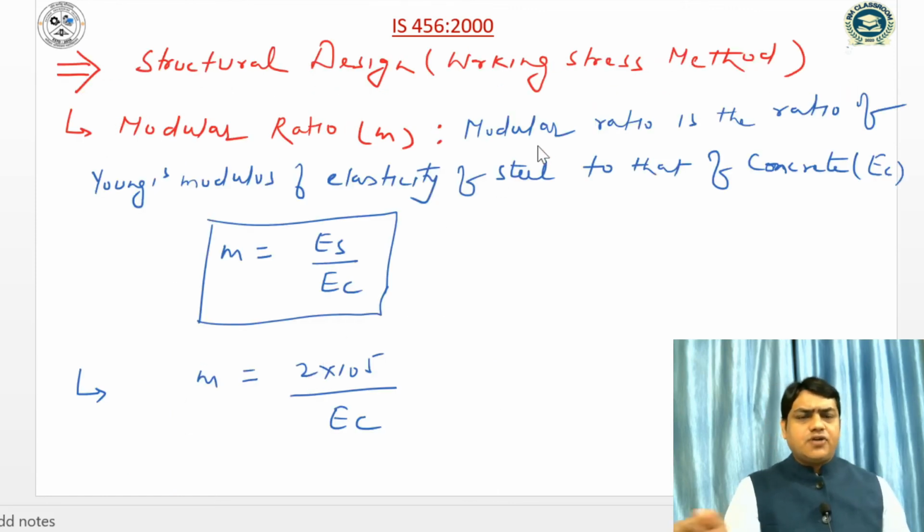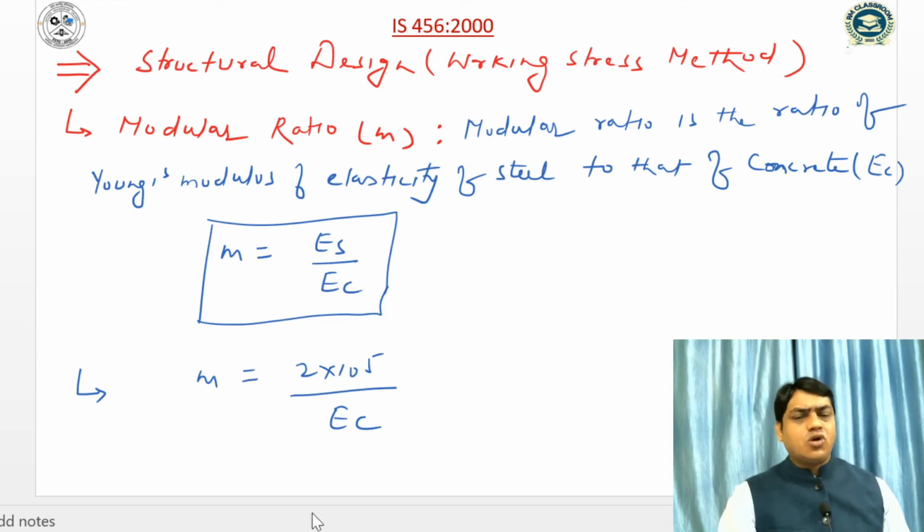Similarly, in structural design, working stress method, I will discuss the modular ratio. Modular ratio is the ratio of Young's modulus of elasticity of steel to that of concrete. Let us assume the modulus of elasticity of steel is denoted by ES and that of concrete is EC. We know that the modulus of elasticity of steel is 2 into 10 to the power 5, divided by the modulus of elasticity of concrete.